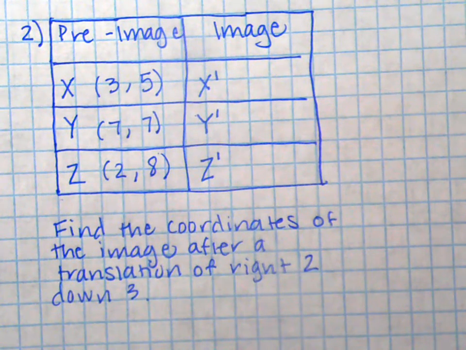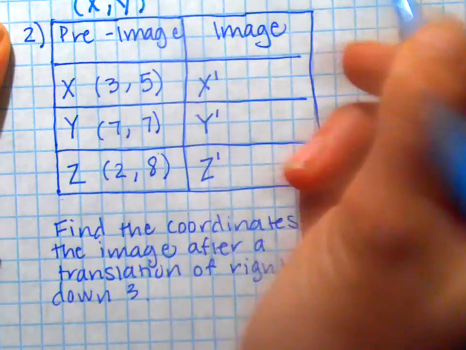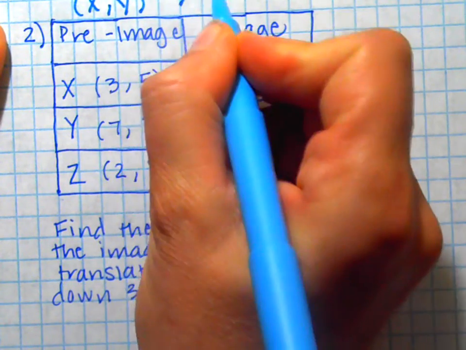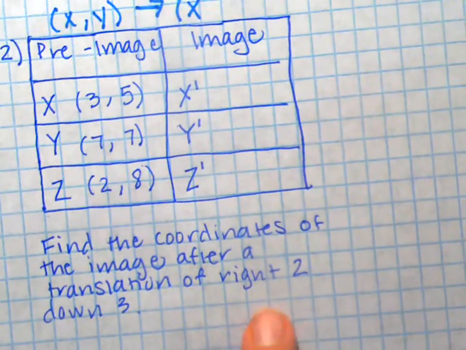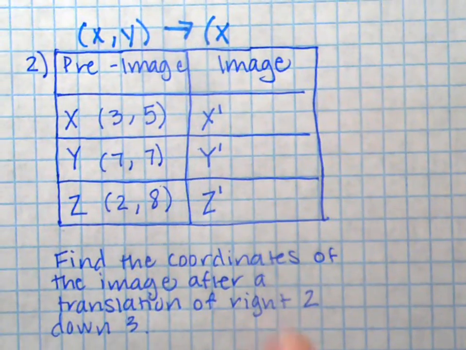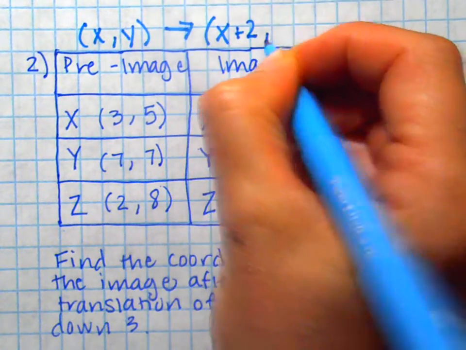So my original, I'm going to write my rule algebraically, is x, y. My rule is to go right 2, what do you have to do to x? If you said add 2, you are 100% correct.